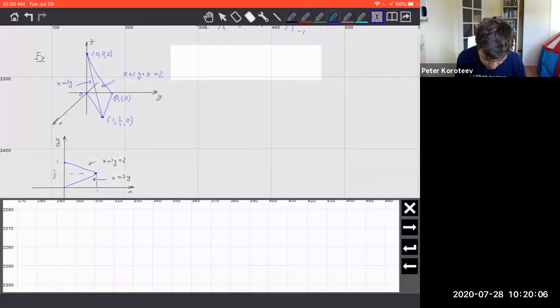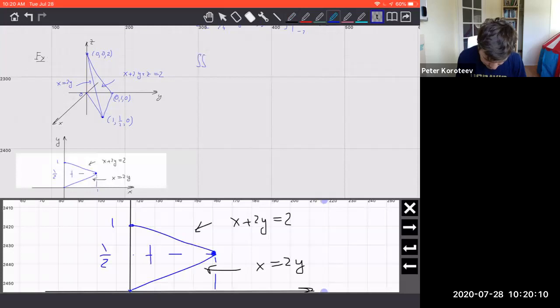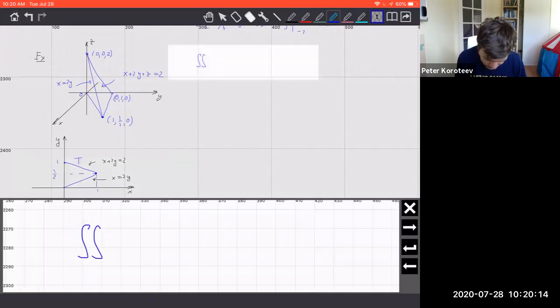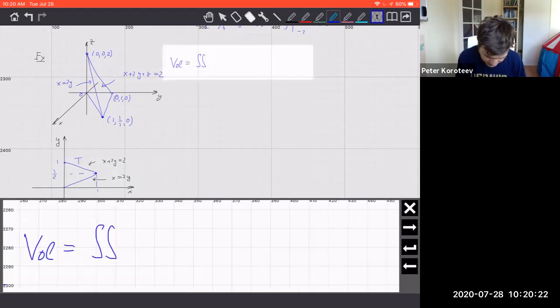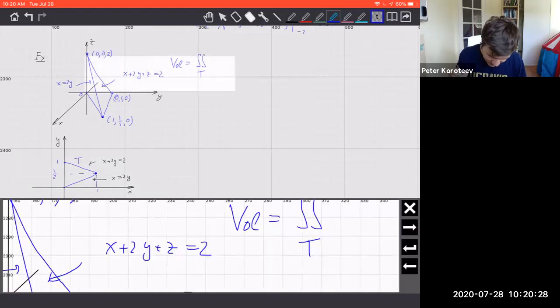And our goal is to calculate the double integral over this triangle, which is called T. So we need to calculate the volume of this tetrahedron, which we can write as an integral over the triangle of the function z of x, y, right?